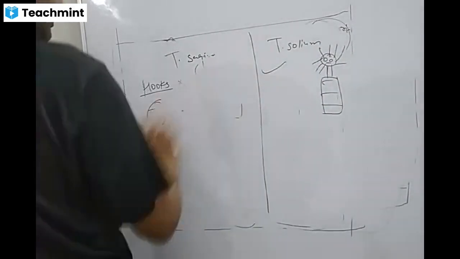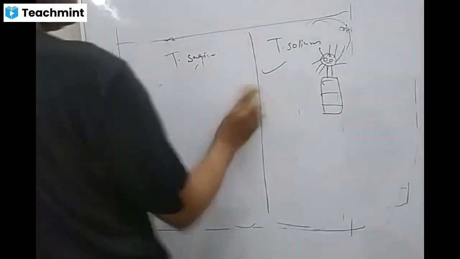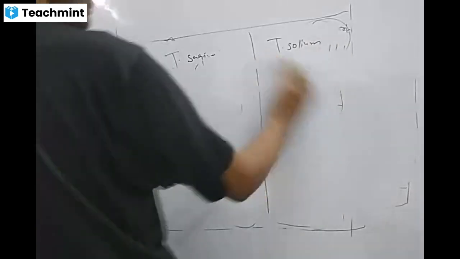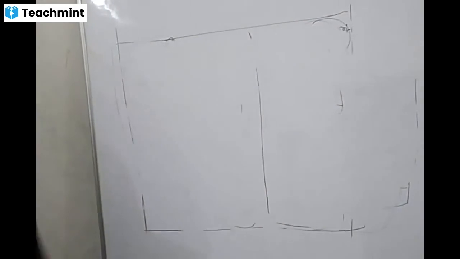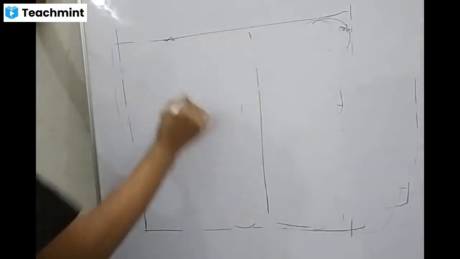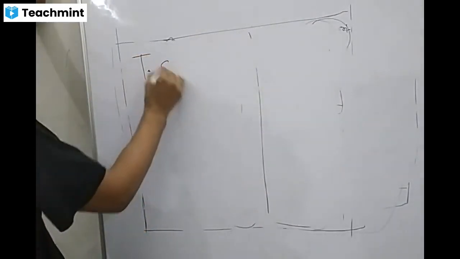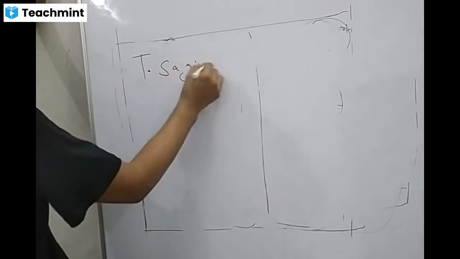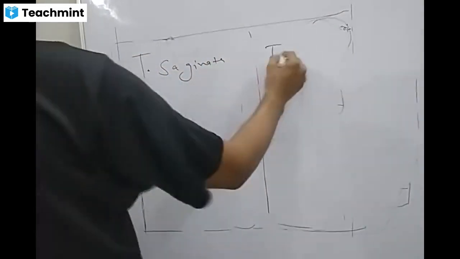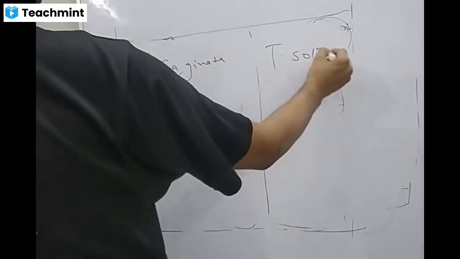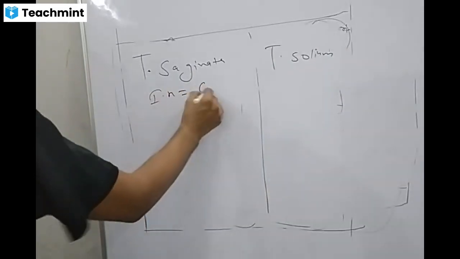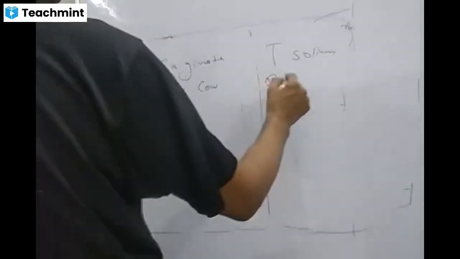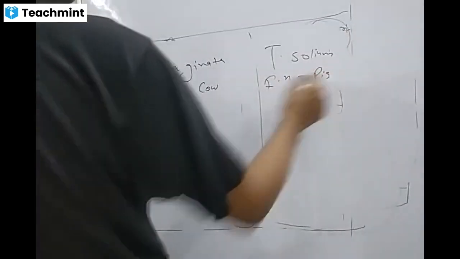Second MCQ about this saginata was, which one is larger in size and which one is smaller in size? Then how to remember that? Saginata and your solium. If you remember, the intermediate host here is cow and here the intermediate host is pig.